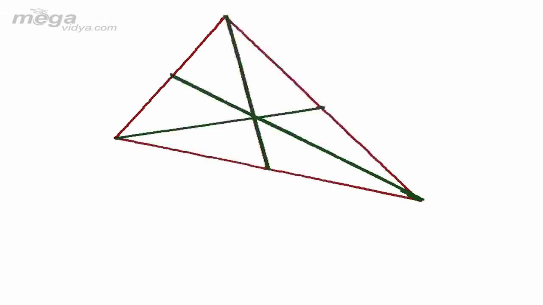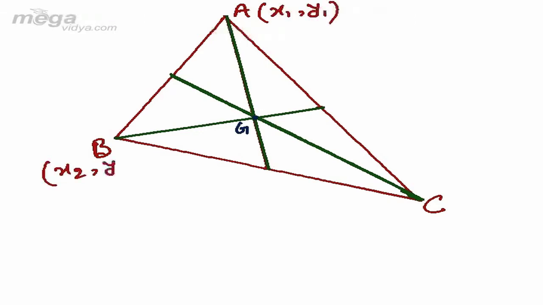Now we will find the coordinate of that centroid. So student, this point is the centroid. Suppose the name of this centroid is G, and the three vertices of the triangle are A, B and C, whose coordinates are (x1, y1), (x2, y2) and (x3, y3).